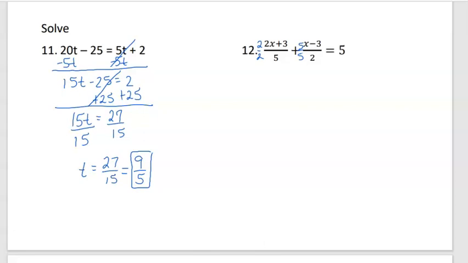And I'm doing this so that these will have the same denominators. This will have a denominator of 10, and the second fraction will have a denominator of 10. This is 2 multiplying 2x plus 3, and this is 5 multiplying x minus 3. I'm going to write that out.